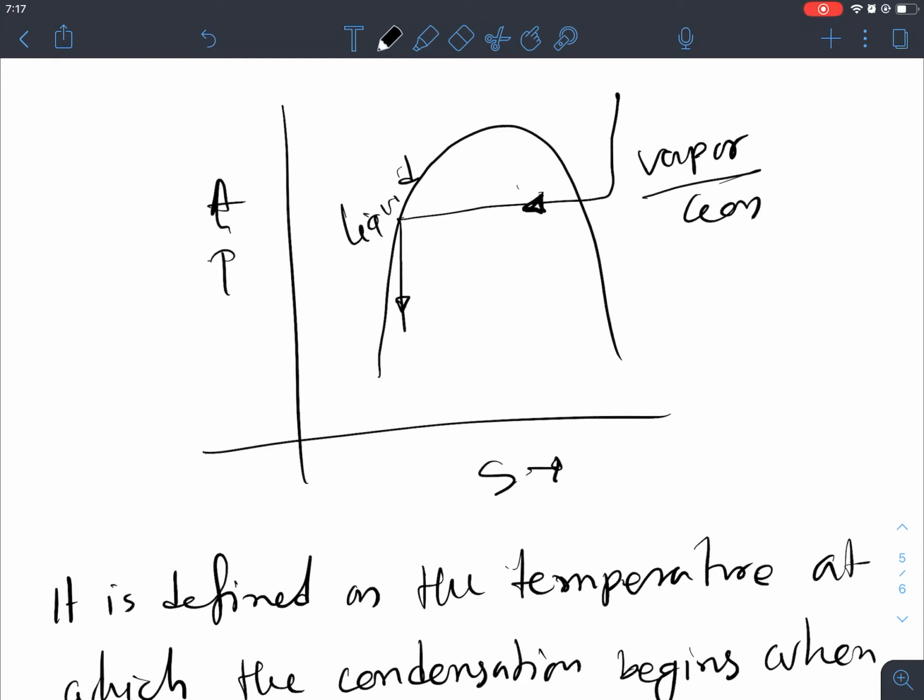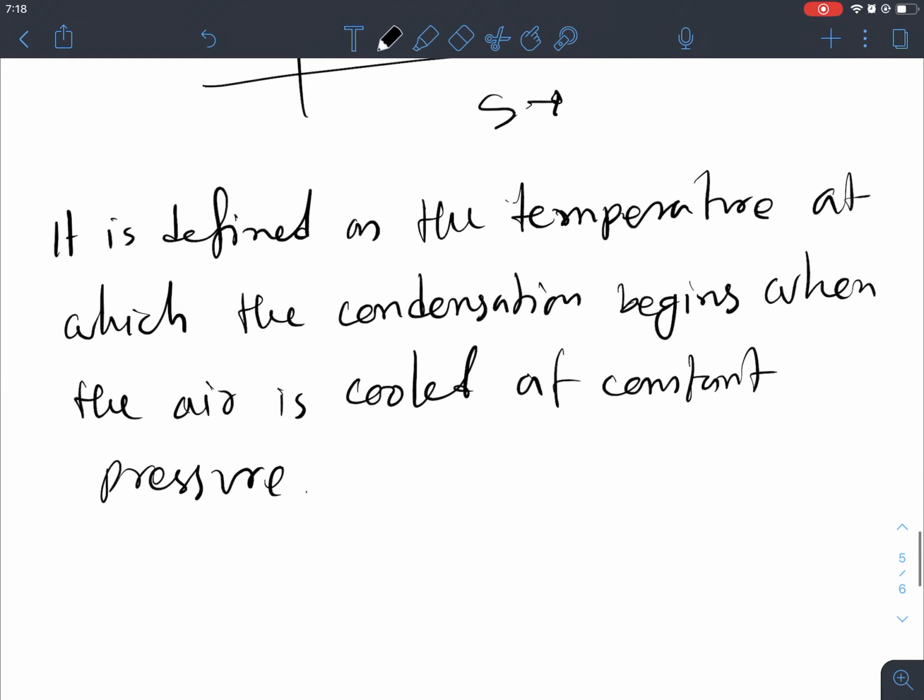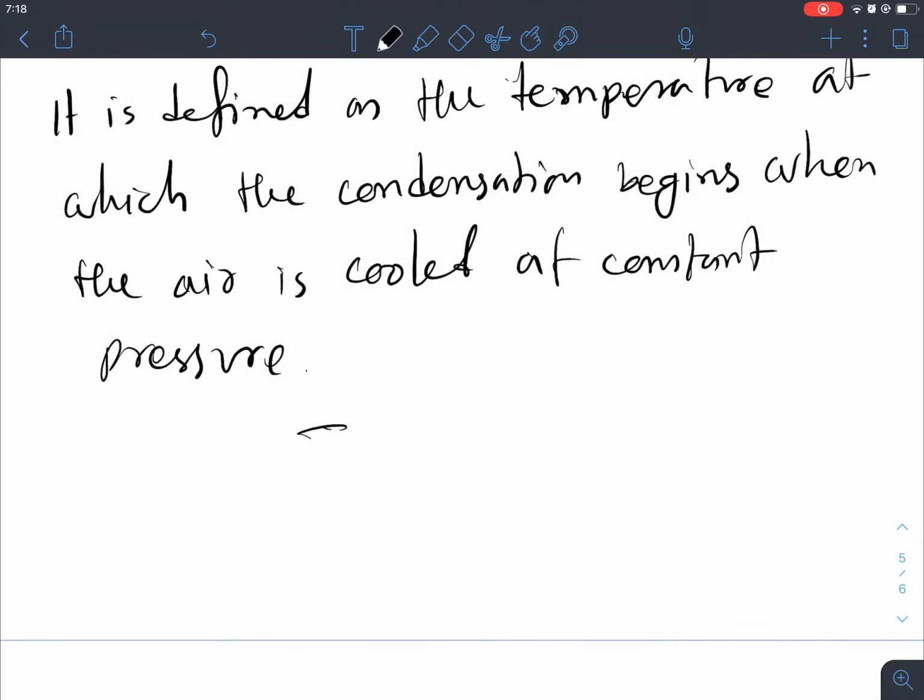Here this is a constant pressure line, right? We are decreasing the temperature from here to here, and then we see that it starts becoming liquid, right? So the dew point temperature is nothing but the saturation temperature at which it starts becoming liquid, right?